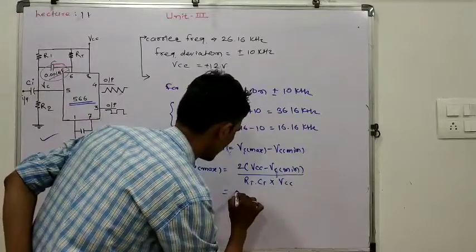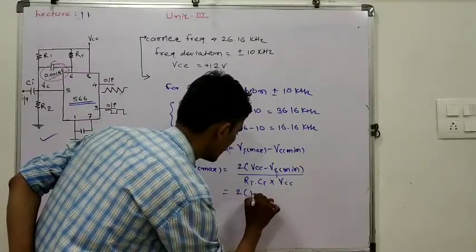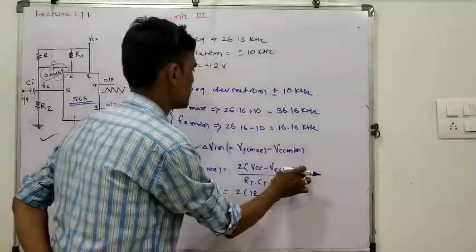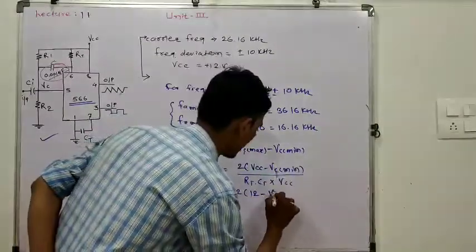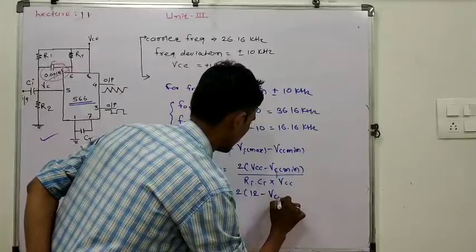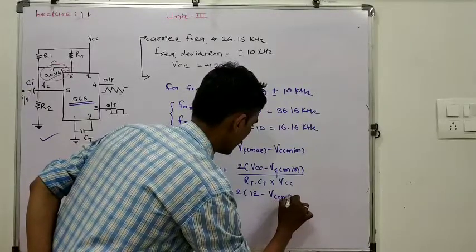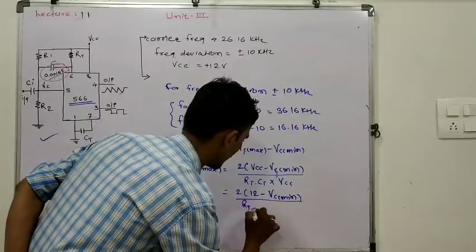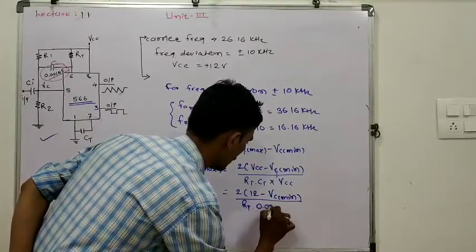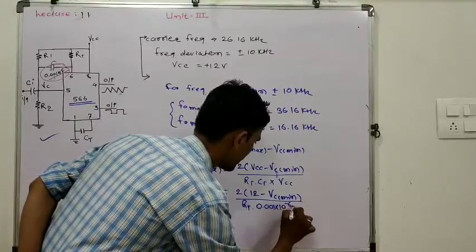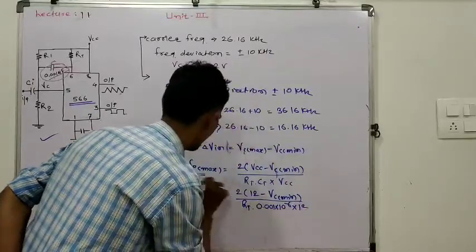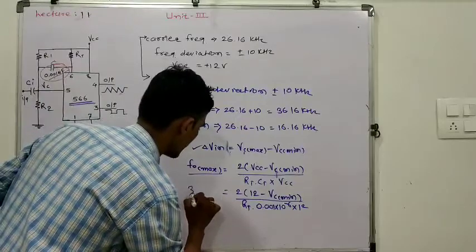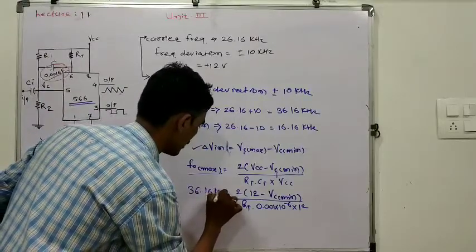So this is 2 into Vcc, which is 12 volt, minus Vc minimum. We have to calculate Vc minimum here, divided by RT, and CT is 0.001 into 10 raised to power minus 6 into 12, and we know that F0 max is 36.16 kilohertz.